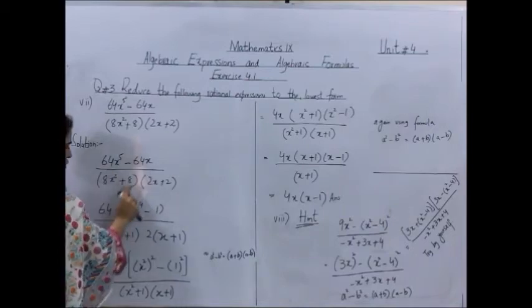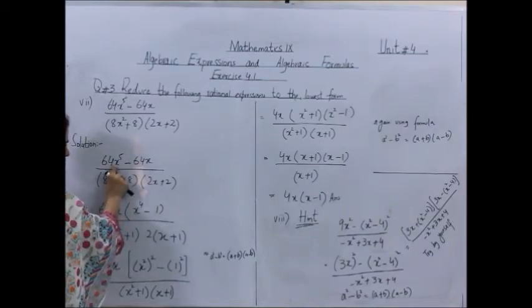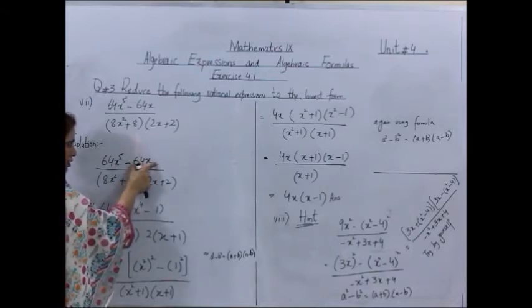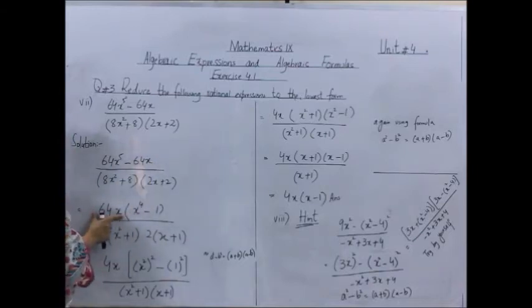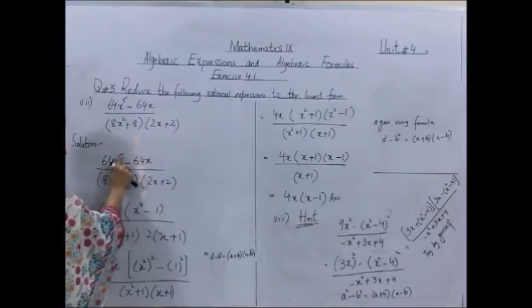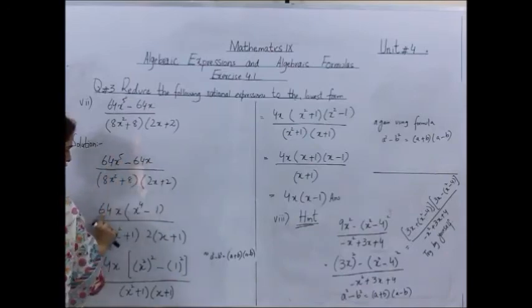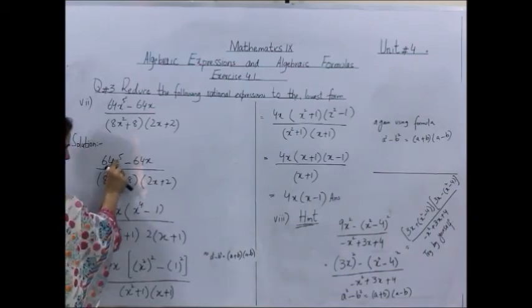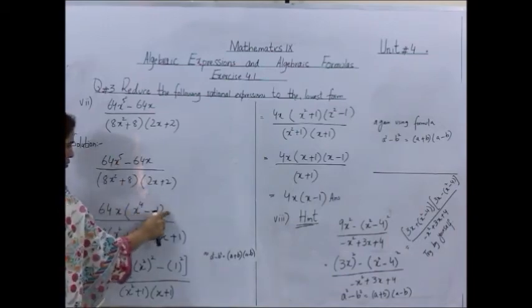When we took 64x as common, we will be left with x⁴, and for 64x taken as common, it will become 1. 64x⁵−64x, we took 64x common, and we will be left with x⁴−1.